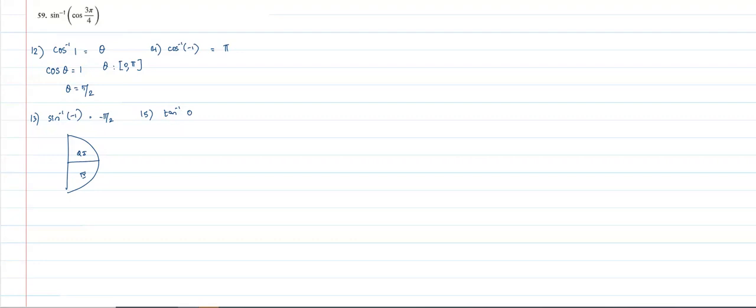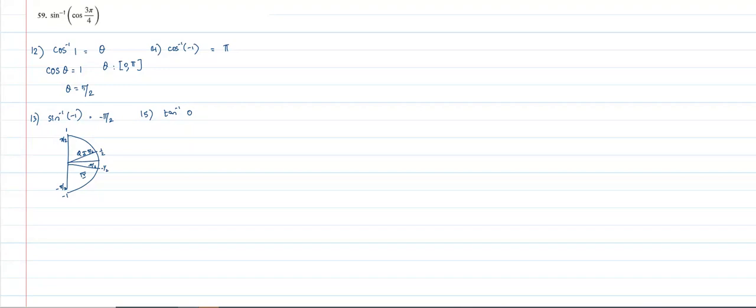You know that this angle is pi/2, this angle is -pi/2, and sine pi/2 is 1, sine -pi/2 is -1. Likewise, you have pi/6, which has a sine value of 1/2, and -pi/6 is -1/2, and so on. So you can just flip the sign and that would work for you.